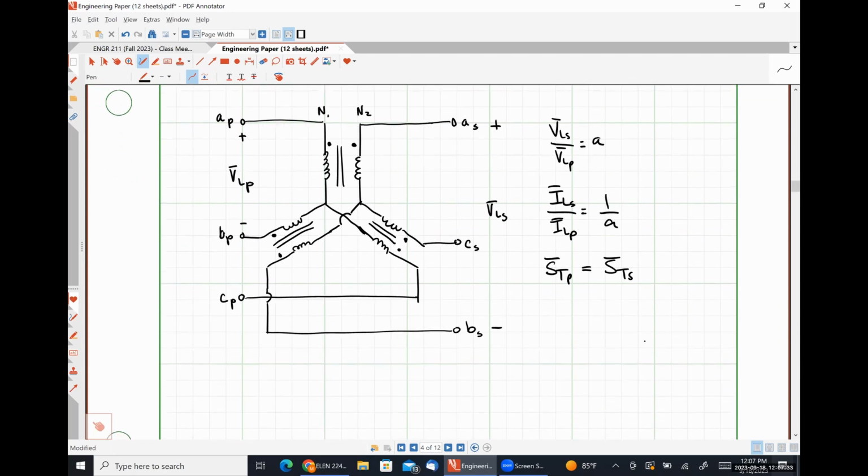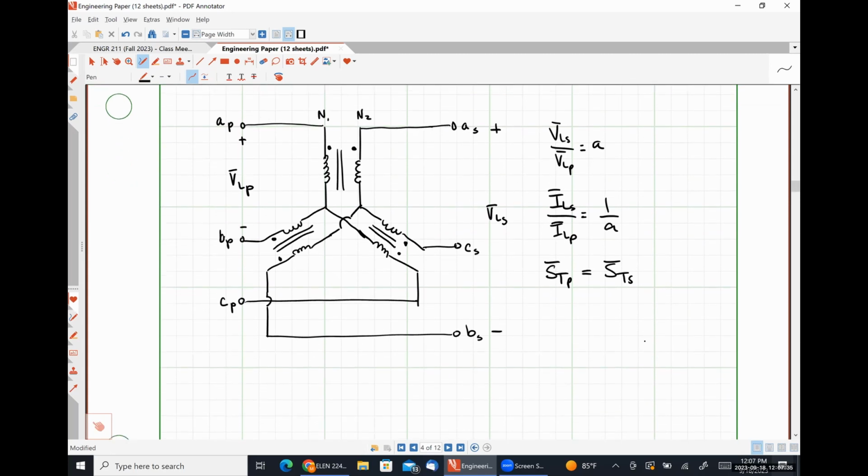Let me know when I can scroll down and start working on the delta. Fantastic question. Currents, which I forgot to draw here. So we're just dealing with line currents. Like so.